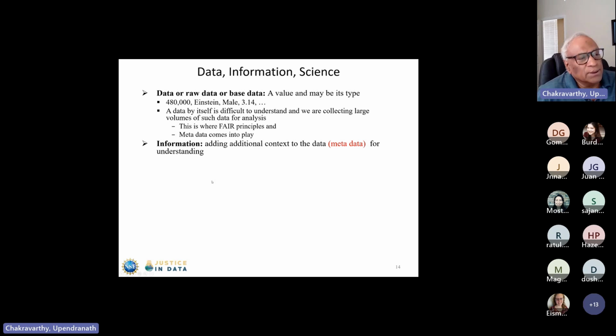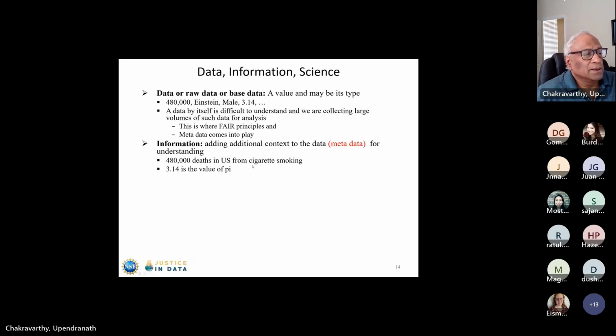So information in some way can be thought of as adding additional context to data, which can be metadata for understanding. For example, if I say 480,000 deaths in the US are from cigarette smoking, that puts a context to this number. If I say 3.14 is the value of pi, that makes it understandable.